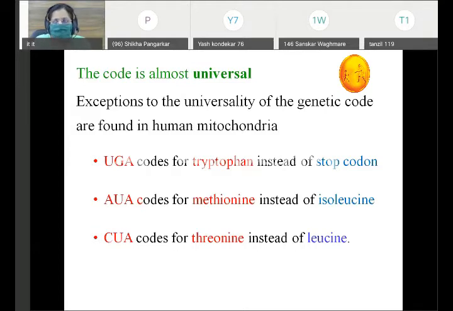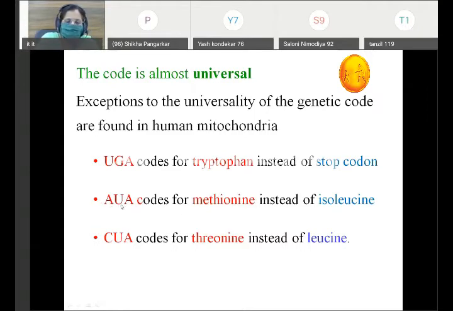The DNA in mitochondria has some exceptions in this universality of genetic code. UGA is a stop codon which codes for tryptophan in human mitochondrial DNA.